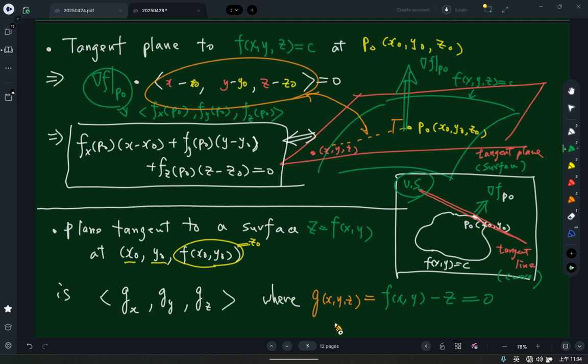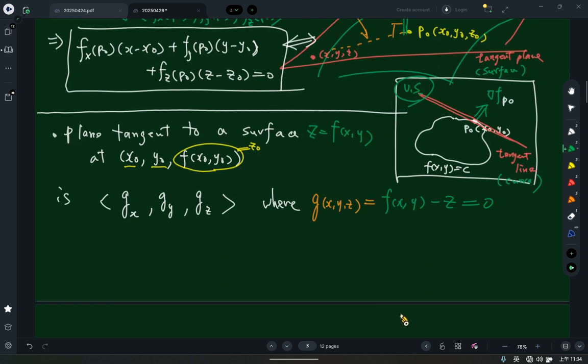So you can see the position f here is the same as the position for g. But the difference is I just moved it. Originally I give you z is equal to f of x, y. I just put them together on the same side, so we can get this one.